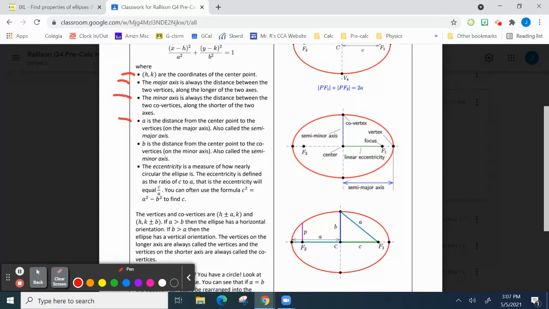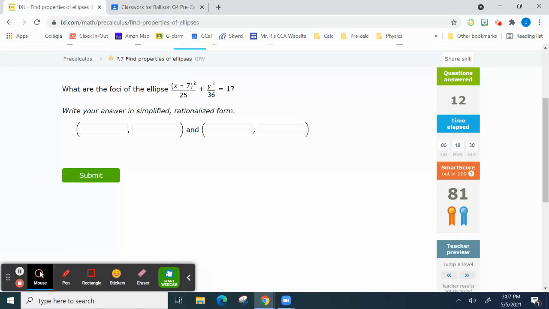Major axis, minor axis, A, B, eccentricity, vertices. Just look for your A's and B's and C's and how they all relate, and you will just be fine, and I will help you, and you'll get this, and you will become the master of the ellipse. And that's all I have to say about that, so I'm stopping the video. Goodbye.